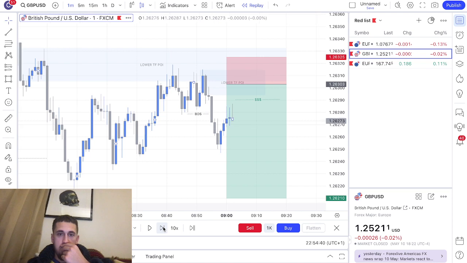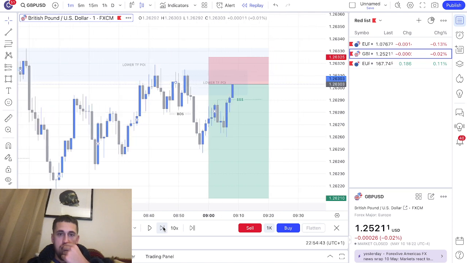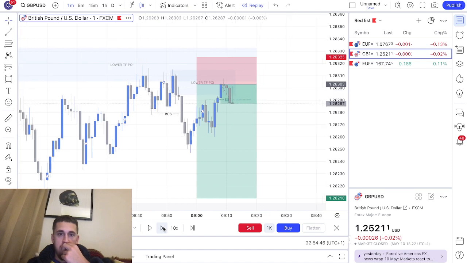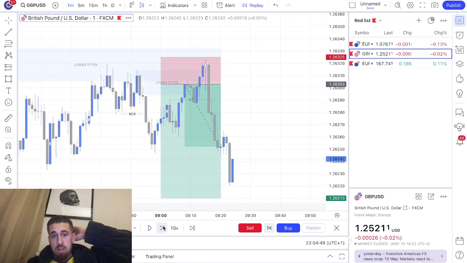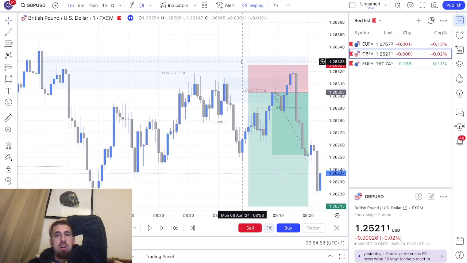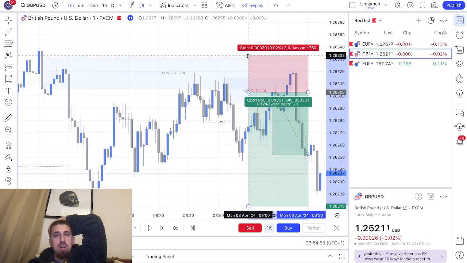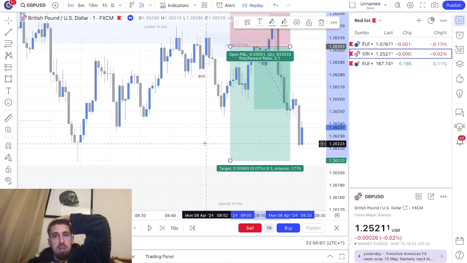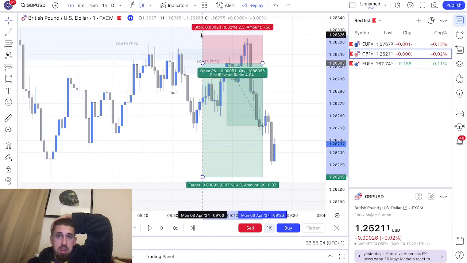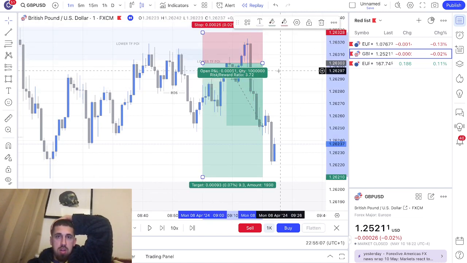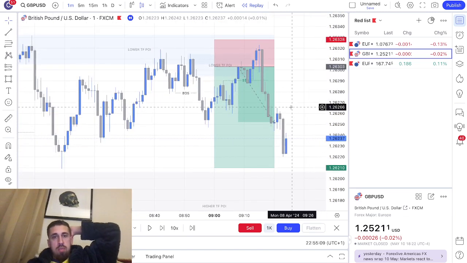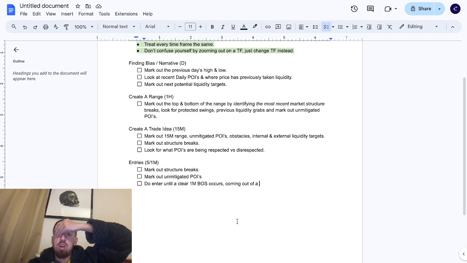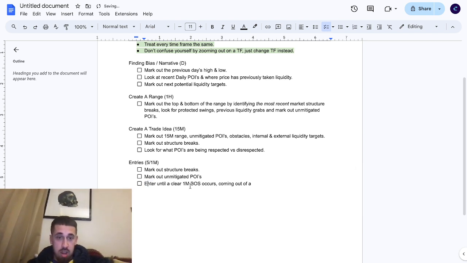Break structure on the 1. I don't know, it's a good entry. Okay, no, let's not put do not enter, let's just put enter once.